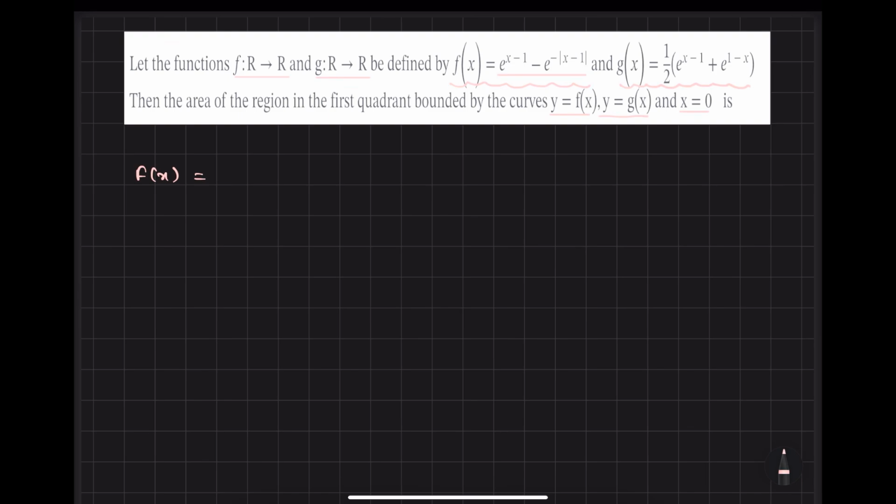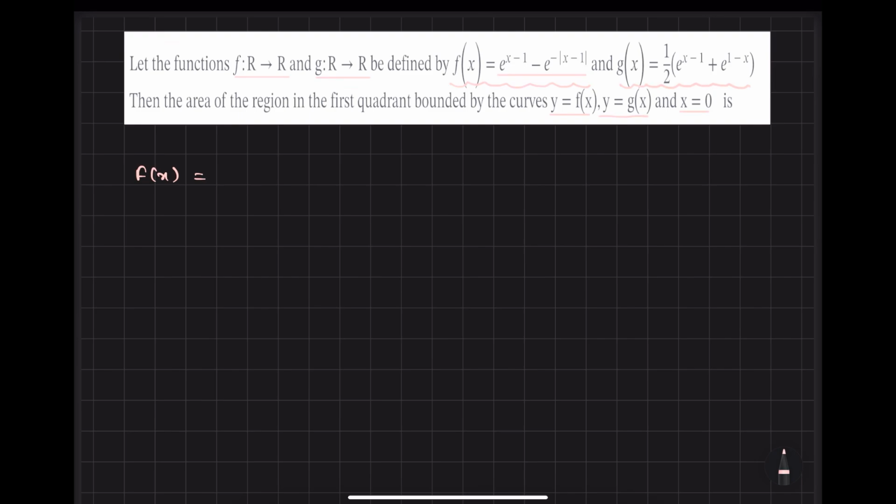Okay, so just find out the critical point of this mod. So you know that if x is greater than equal to 1, this part will become 0 at what point? X equals to 1. So if x is greater than equal to 1, it will open with positive sign. If x is smaller than 1, it will open with negative sign.